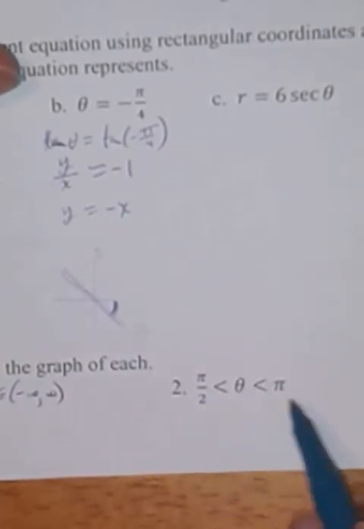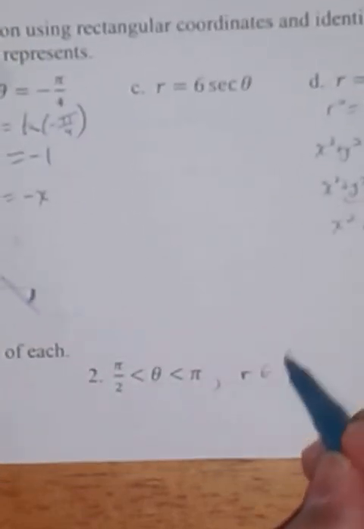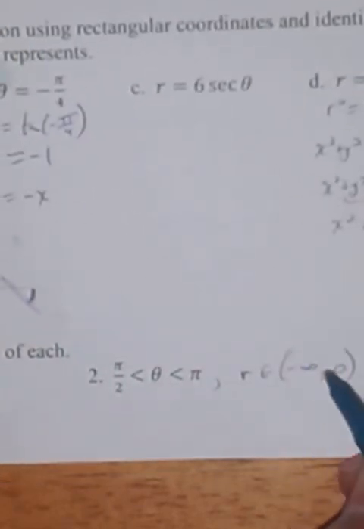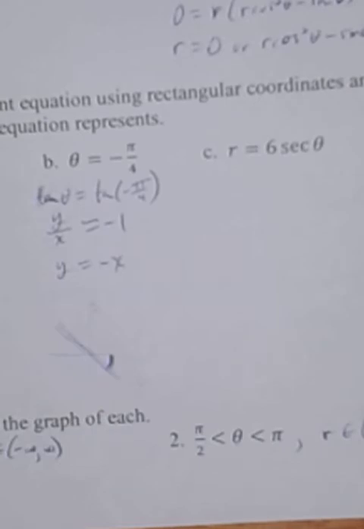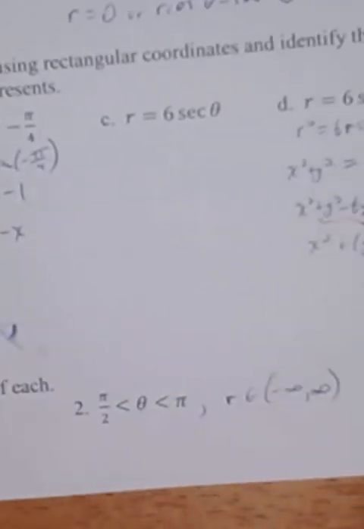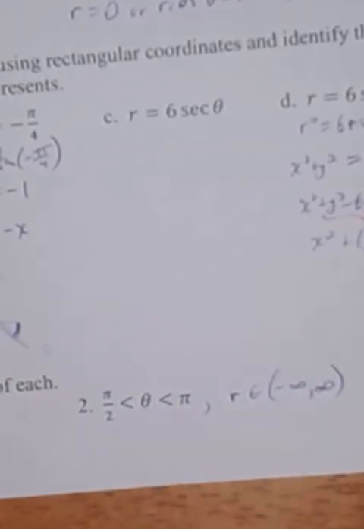Theta from pi over 2 to pi then says r is from negative infinity to infinity. Okay, so notice this is kind of like when we say y equals 3, and that means x can be any number, right? Same thing here. Theta, you pick some range, and r can be any number because you didn't say anything about r.